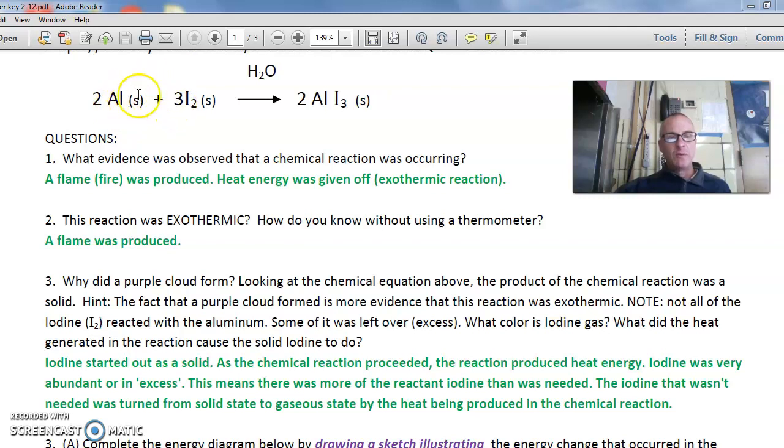So when the aluminum began reacting with the iodine, there was solid iodine left over being exposed to the highly exothermic reaction. What did all that heat energy do? It turned the solid iodine into a gas. That was the purple cloud you saw. Gaseous iodine.